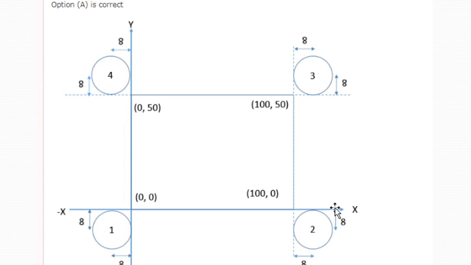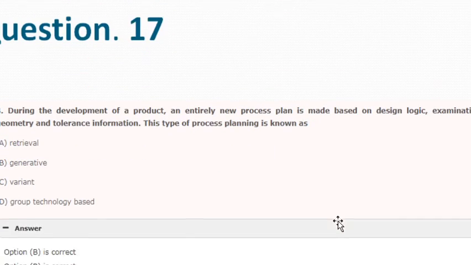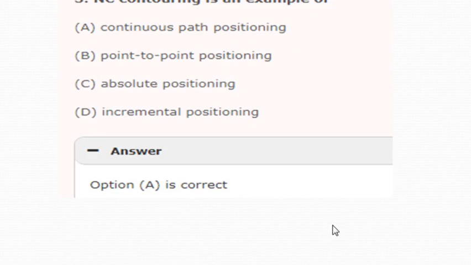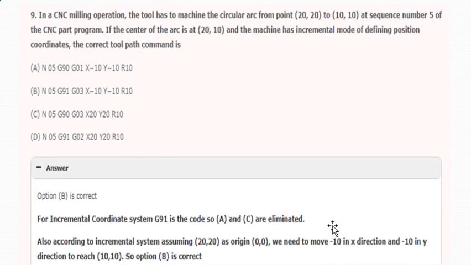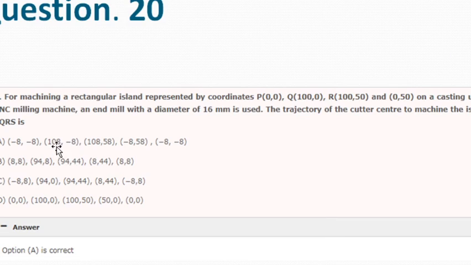This one is already 0, therefore subtracted from the origin minus 8. Similarly, we have calculated the corners P, Q, R and S. Then once again, for a continuous path it comes to the original position, returning to the first point. So option A is the correct answer.